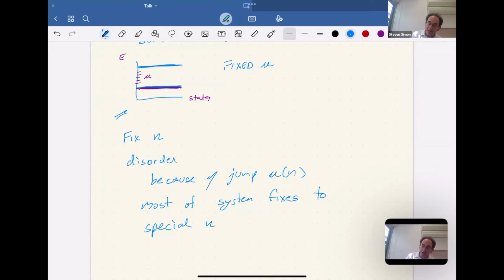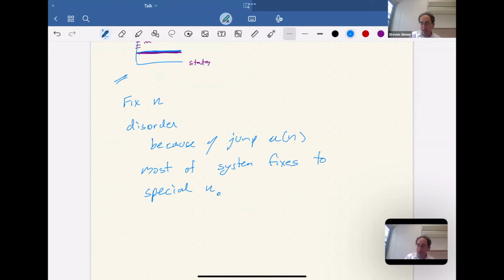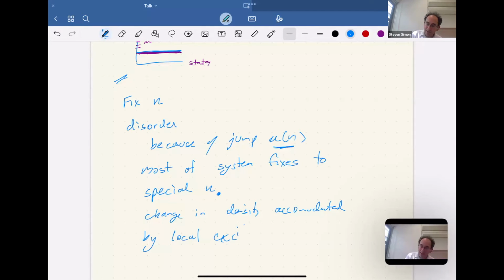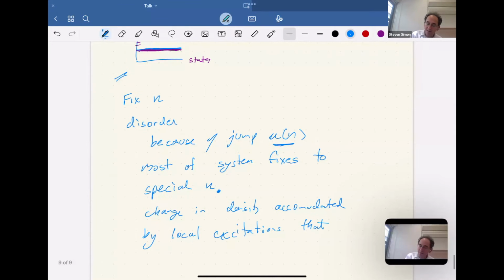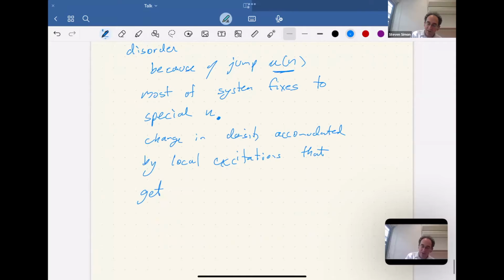And then any changes in density are accommodated by local excitations that get pinned by disorder.